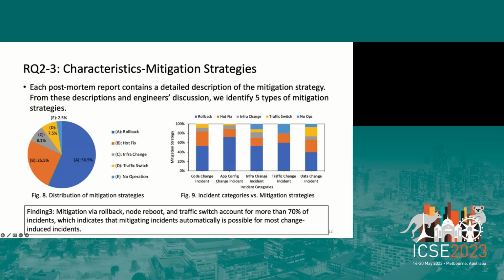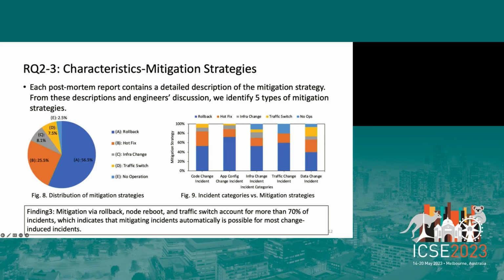Similarly, each report also includes a detailed description of the mitigation strategies. From these descriptions, we identify the mitigation strategies and categorize them into 5 types. We can find that rollback is the most popular mitigation strategy, a strategy for each type of change-induced incident.